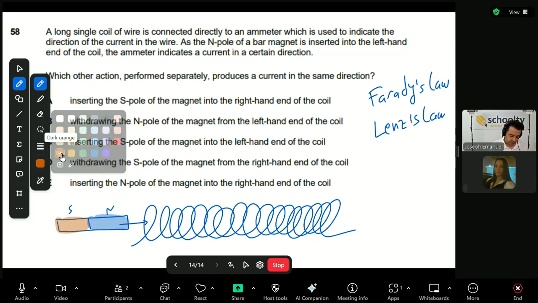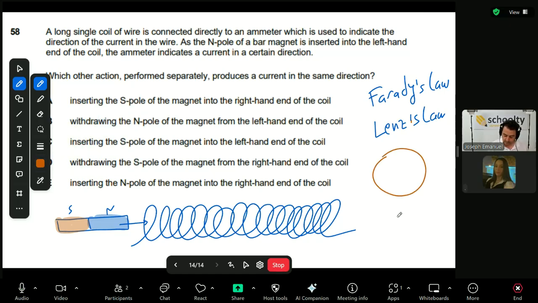So let's think about it. If you have a circle, by the right hand law, if it's counterclockwise, it will be up. If it's clockwise, it will be down.